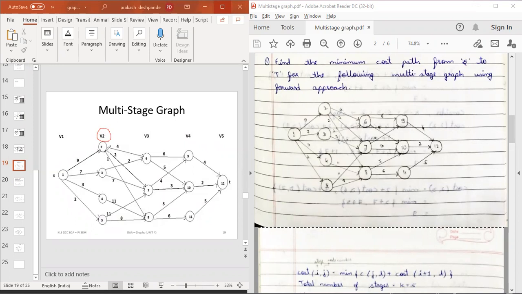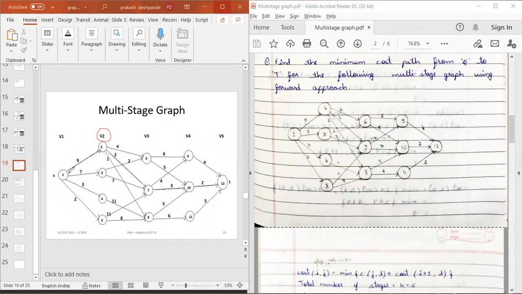So I need to find out how much the cost will be if I travel through each and every vertex, by applying certain formulas. Using those formulas, we will come to know the minimum cost required if I travel from any one of the vertices. Then I need to select the minimum.